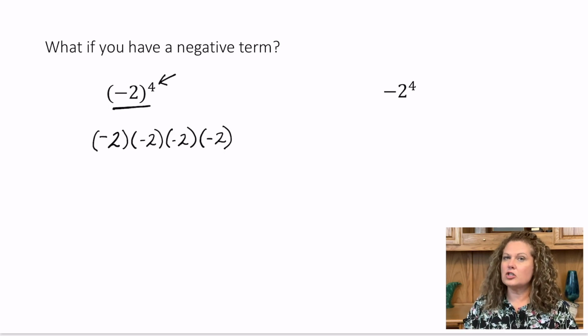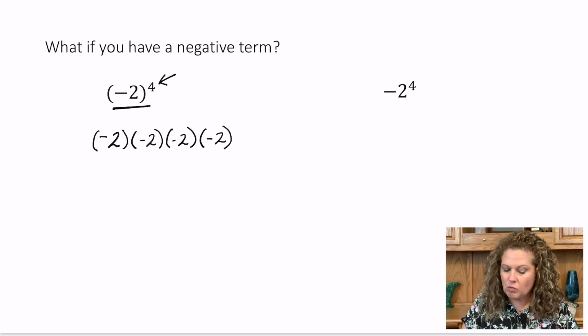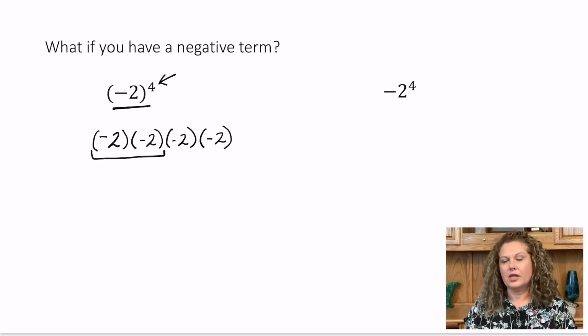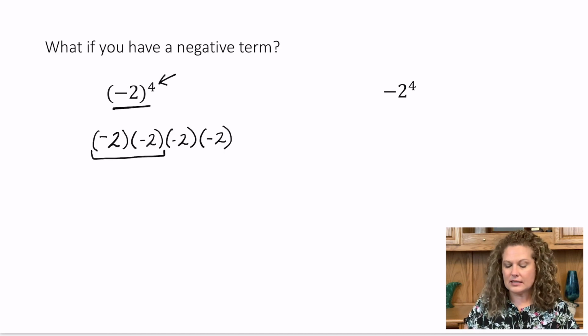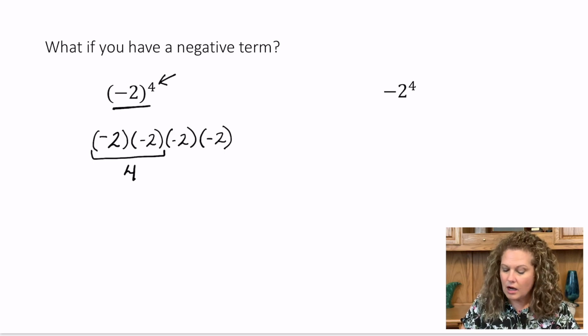We're going to use associative property again, and we're going to group the first couple of 2's together. Negative 2 times negative 2, well, 2 times 2 is 4. Remember your integer rules, negative times a negative is a positive. So the product of the first 2 factors is going to be 4. I'm going to group the next 2.